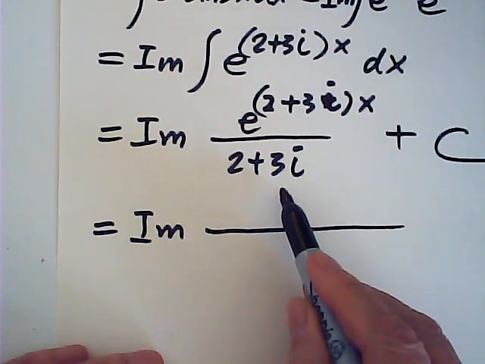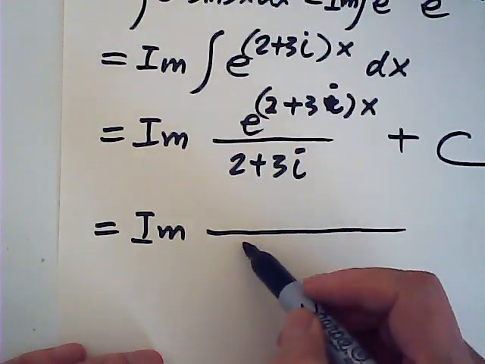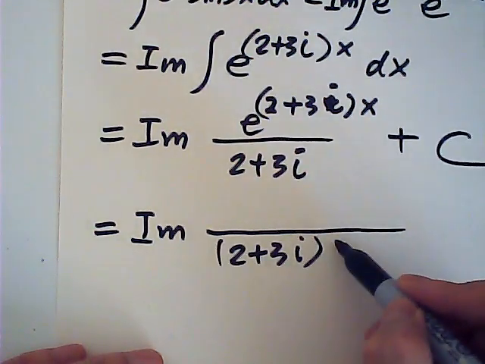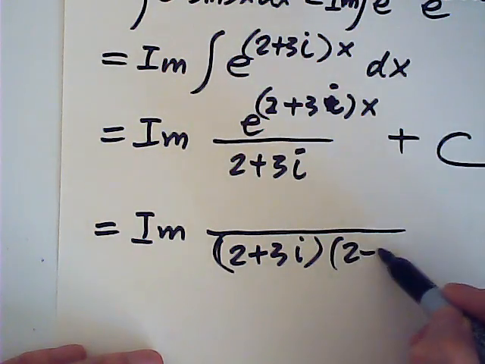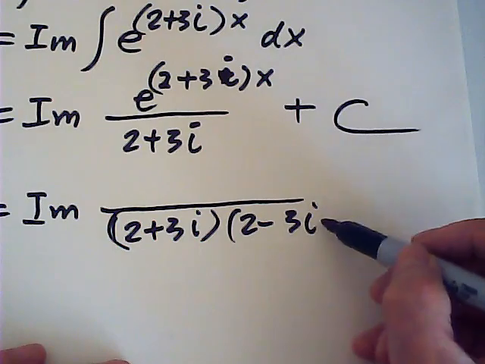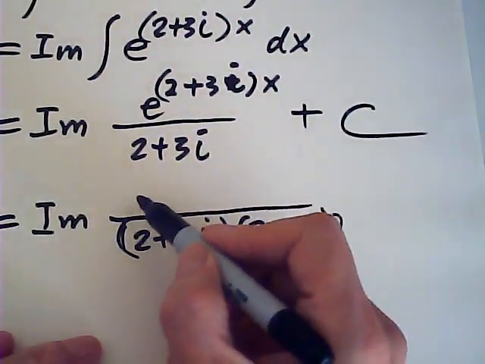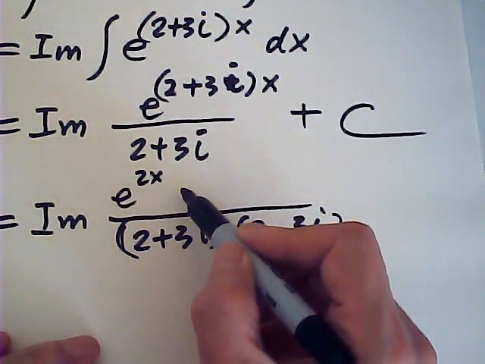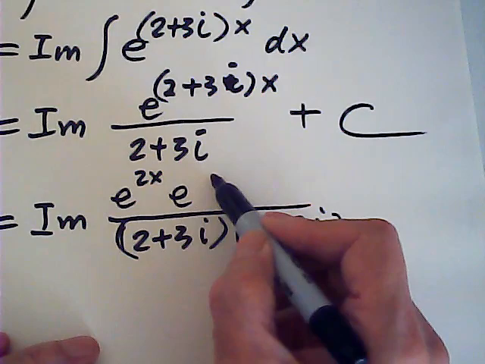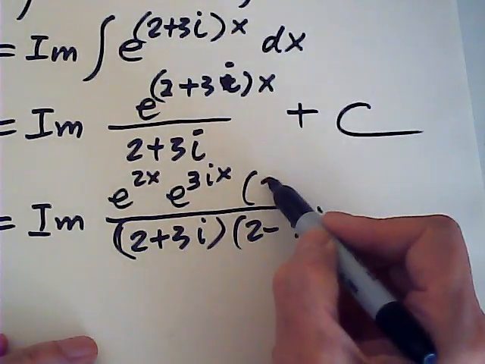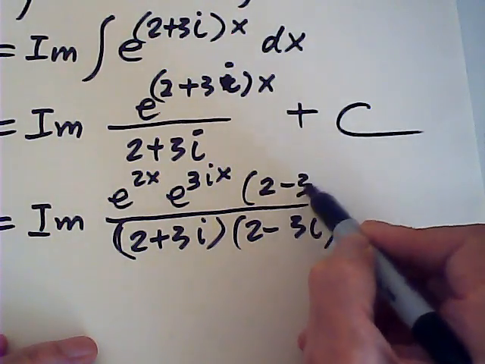I multiply by the conjugate, right? So 2 plus 3i times 2 minus 3i, and on top would be e to the 2x times e to the 3ix times (2 minus 3i).